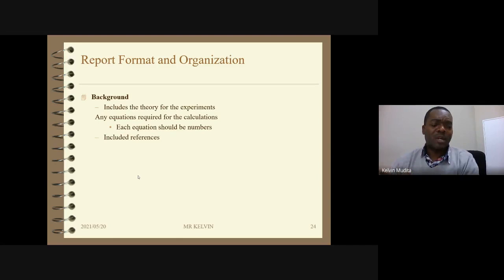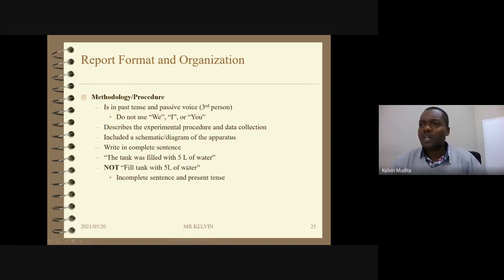How do you write a background? What is a background? A background is simply on what we know, what we have in the organization. That is a background. Methodology, we are going to concentrate on various methodologies that are used in administration.